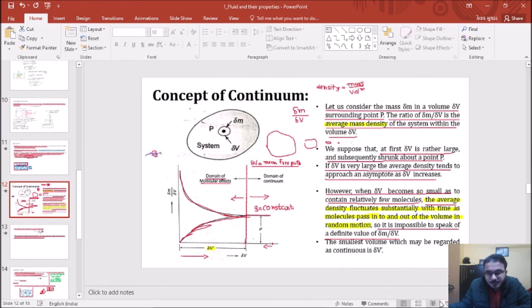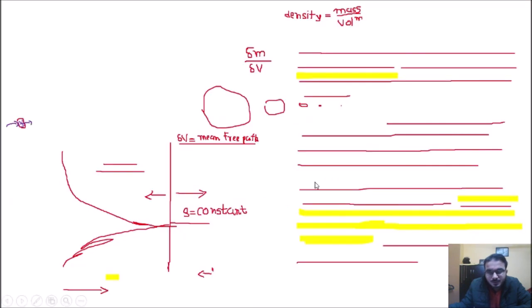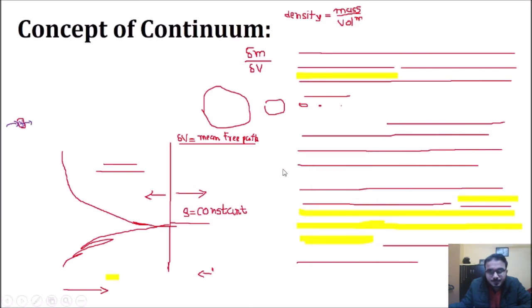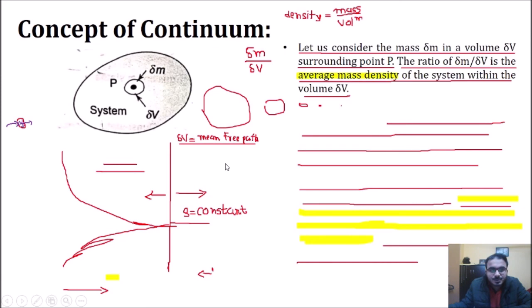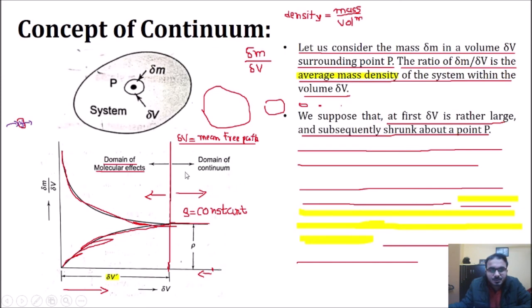So we started with the concept of continuum, in which this is the threshold value of the volume. Greater than that, we will have a domain of continuum, and less than that, we will have a domain of molecular effects. The density remains constant in the domain of continuum, and it varies significantly in the domain of molecular effects.